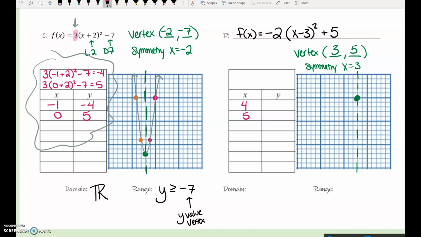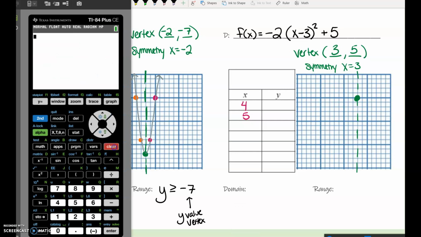And I'm going to use my calculator for this because I just think that that's easier. And hey, I have it right here. So -2 parentheses 4 minus 3, close my parentheses, squared plus 5, 3.